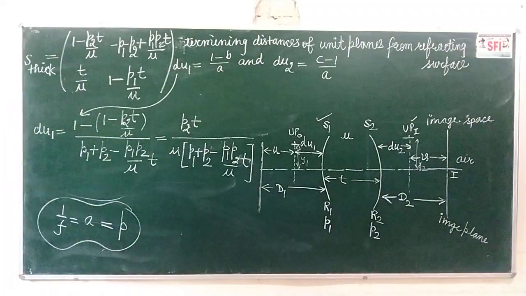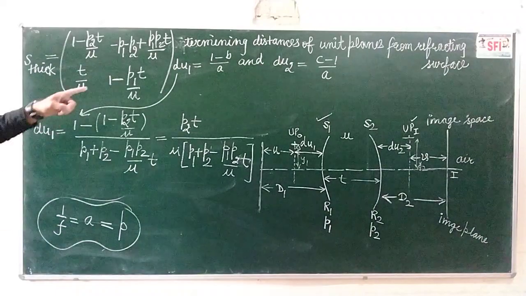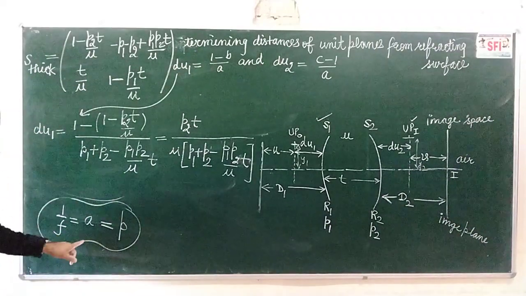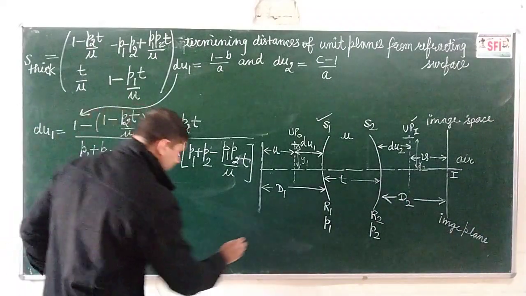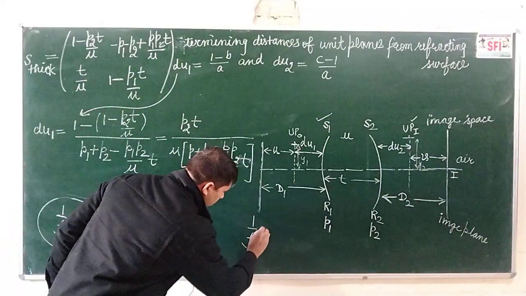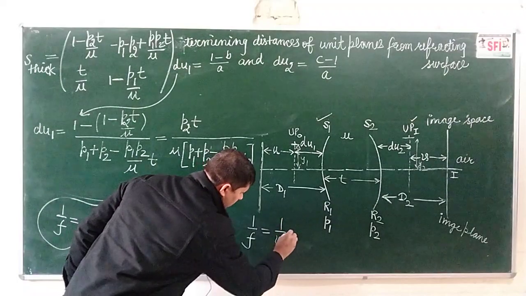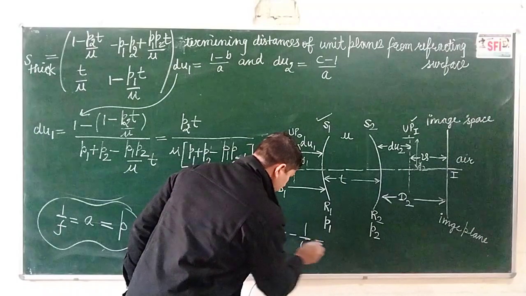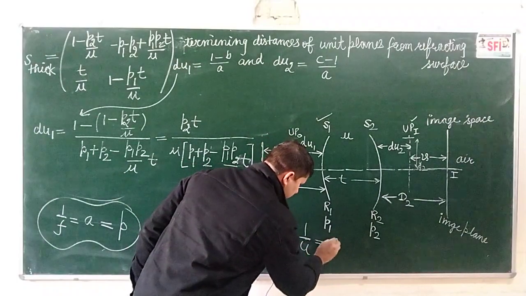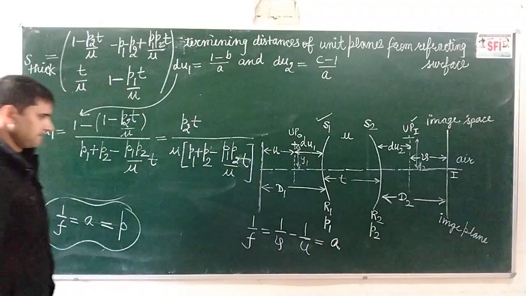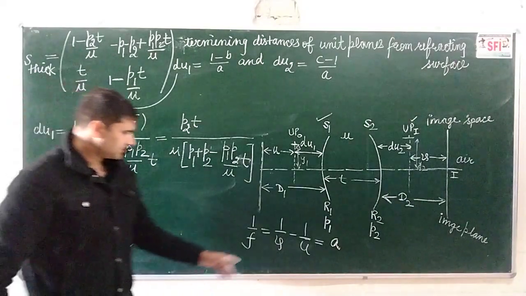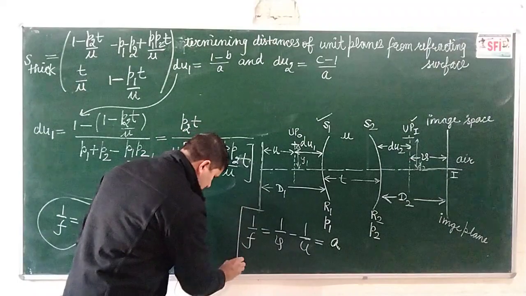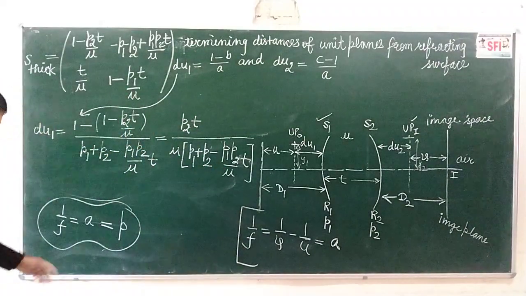In the same way you will find the value of du2. Keep in mind that we have obtained 1 by f, which is 1 by v minus 1 by u, and this is found to be equal to A. We will conclude all these things later.